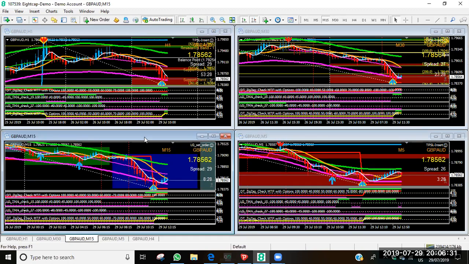When the chart indicates a downward movement or an upward movement, and it is reflected in the majority of the charts, as we can see in the M30, we had a lot of pink center line, orange timing line above.